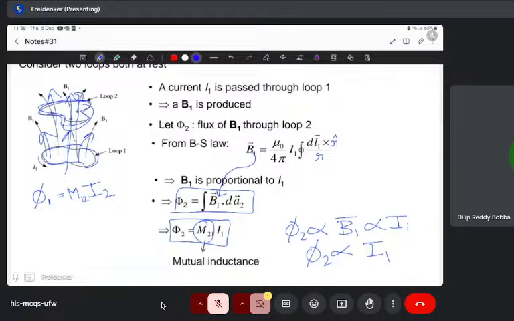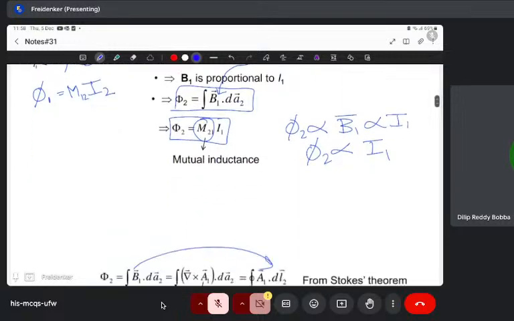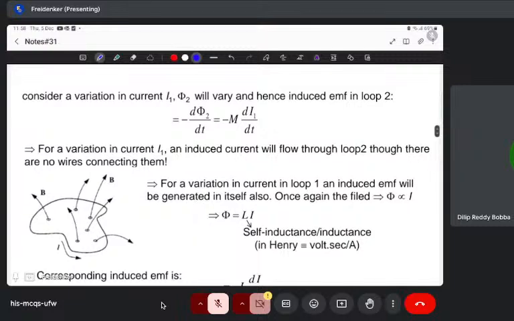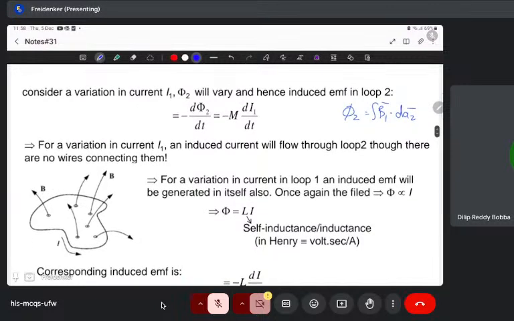And we know this, wherever there is a change in magnetic flux, EMF will come into the picture. So they're considering some change in I1. If I1 changes, B1 changes. If B1 is changing, phi 2 will also change, because we know phi 2 is B1 dot dA2, and therefore EMF will be there. How much is the EMF in loop 2? However much the rate of change of flux is, with a minus sign, that will give you the EMF.